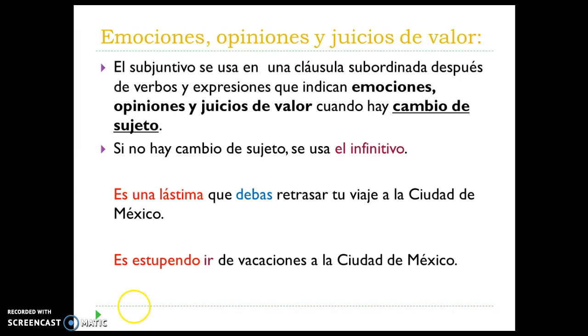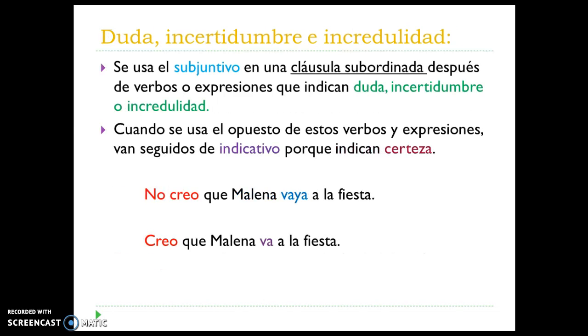Then in the next one it says, es estupendo ir de vacaciones a la Ciudad de México. It's wonderful, marvelous, going on vacation to Mexico City. There we see that there's no change in subject. That's why we use ir, and it's not conjugated, as opposed to the first one, where debas is in the tú form, showing that change in subject.